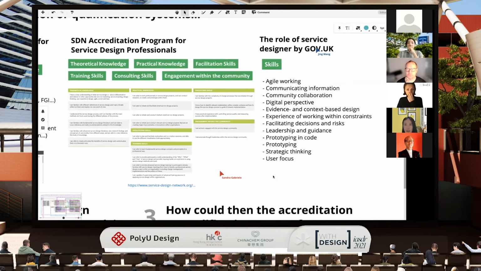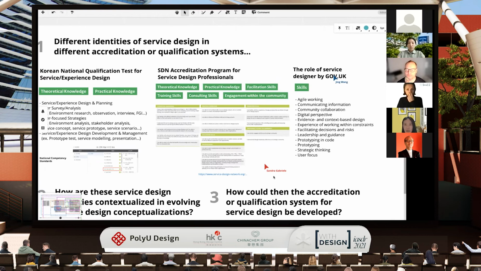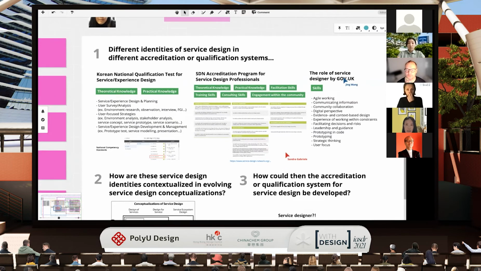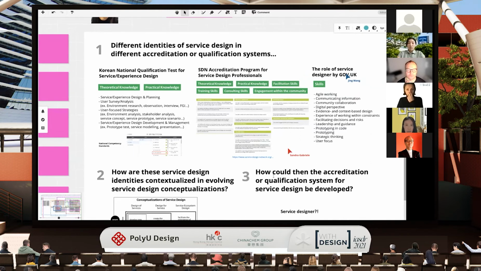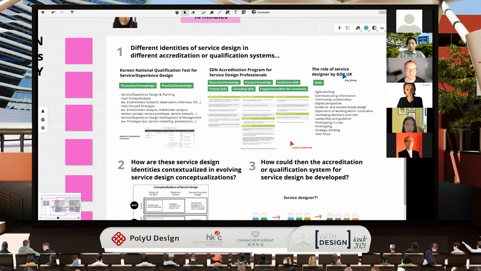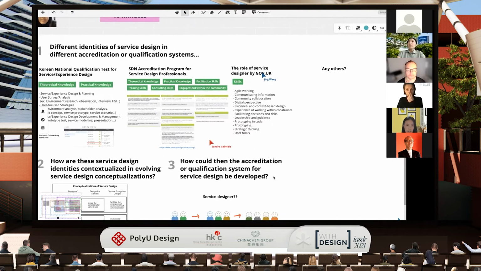And I really would like to invite all of you to add any other accreditation or qualifications that you know. And also, I'm very interested in hearing your opinions about pros and cons about this kind of accreditation and qualification system for service design.